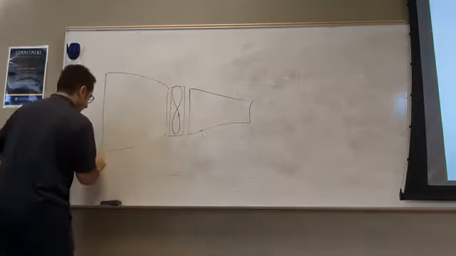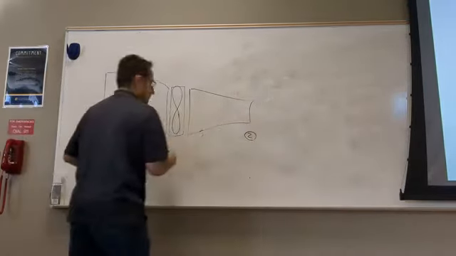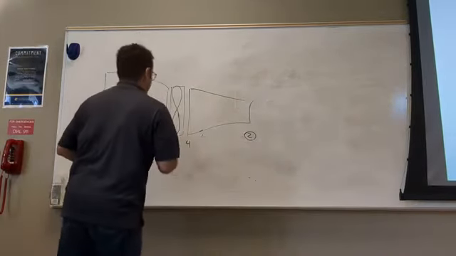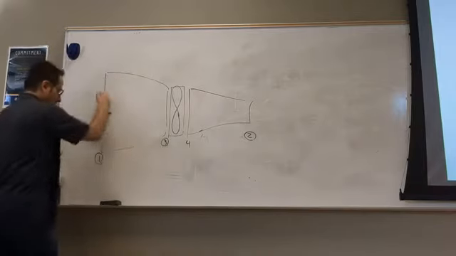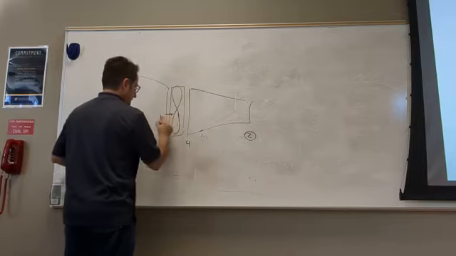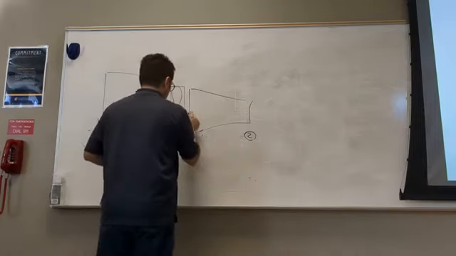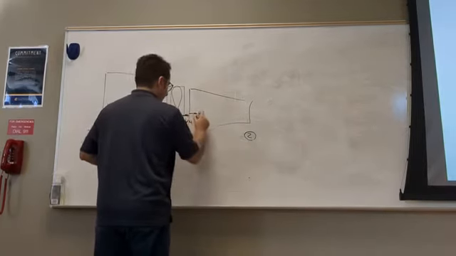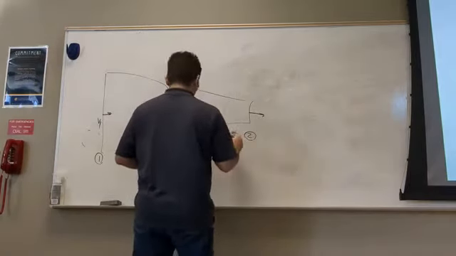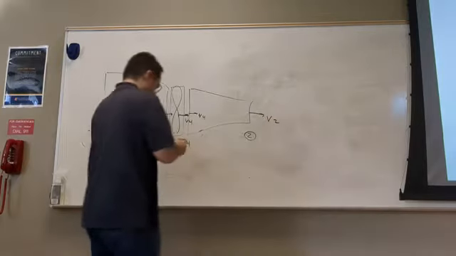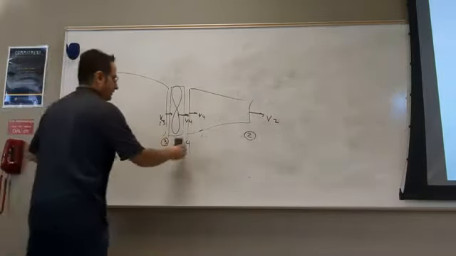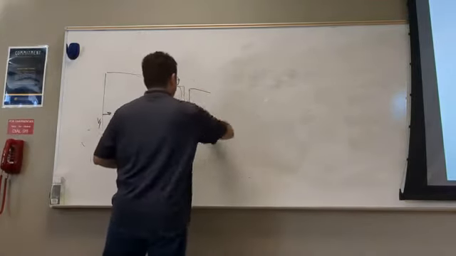So let's say it's points 1, 2, 3, 4. You have pretty much the same uniform velocity here, V1, V3, V4, again V4 comes here, and V2. Now, if I want to draw a control volume on this system, I wish I had a little bit of space. Let's put some space.